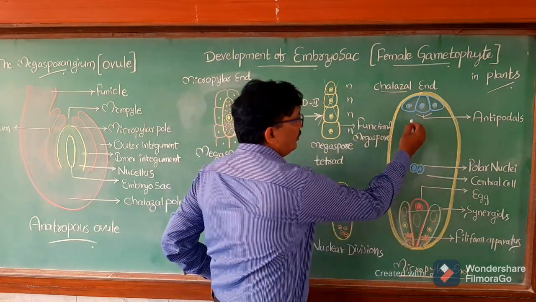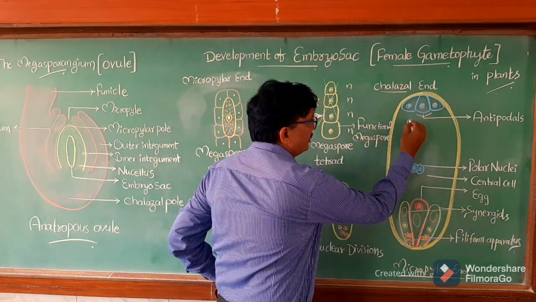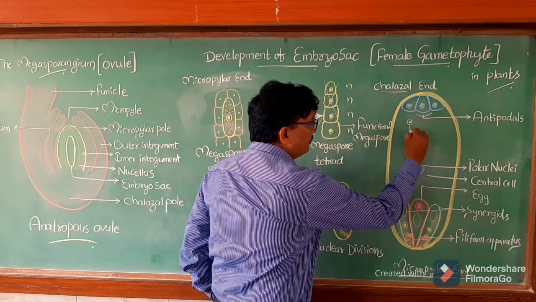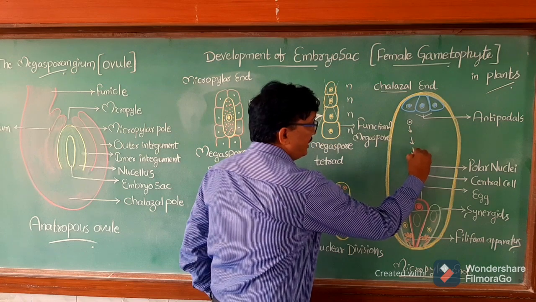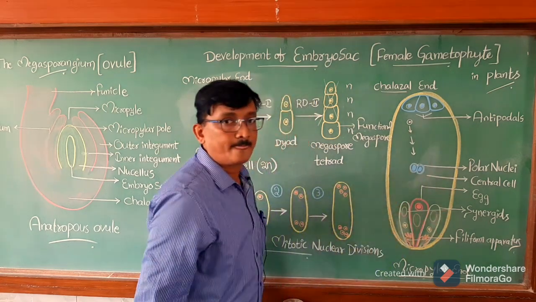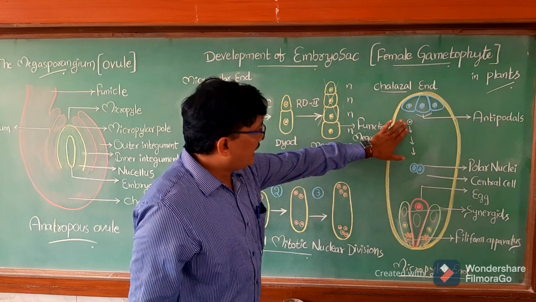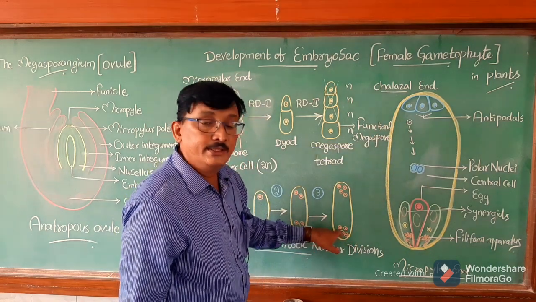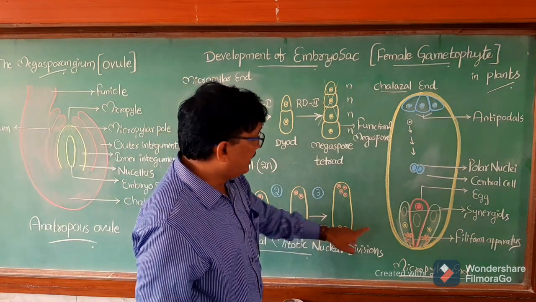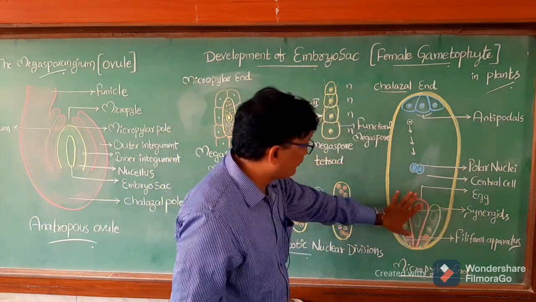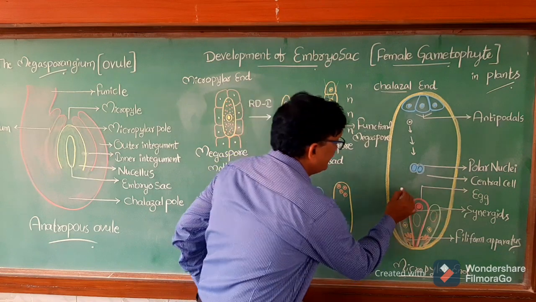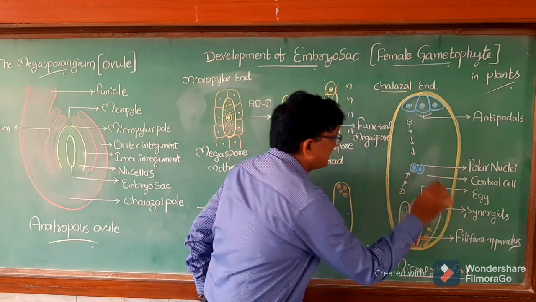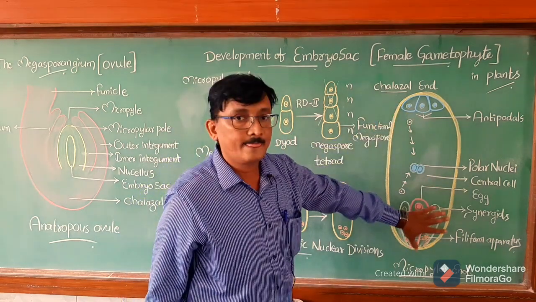One nucleus is left over, and it moves towards the center of the cell. At the other pole, 4 nuclei are there. Of these, 3 nuclei form cell walls and become cells, and 1 nucleus also moves towards the center of the cell.